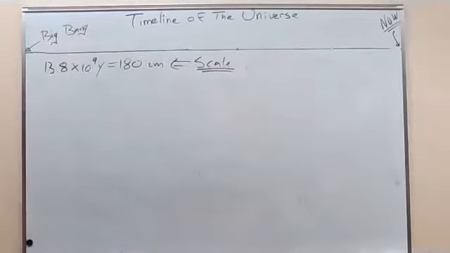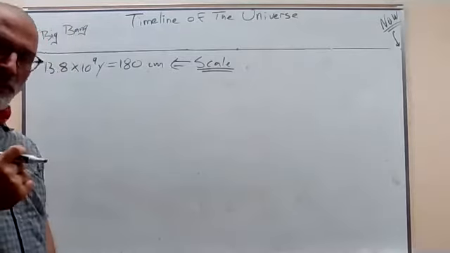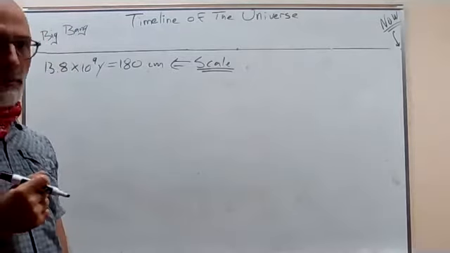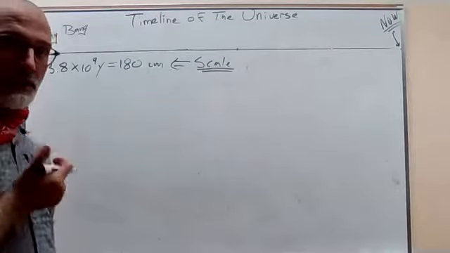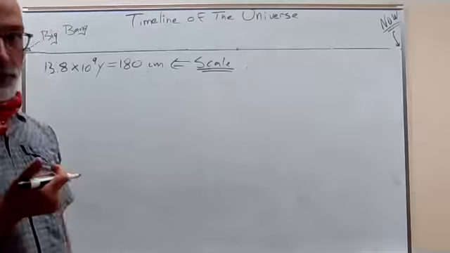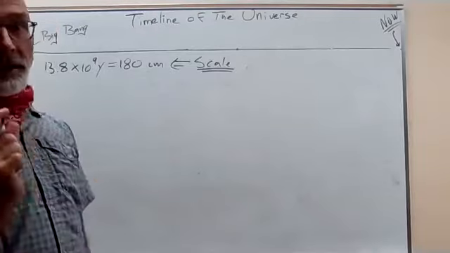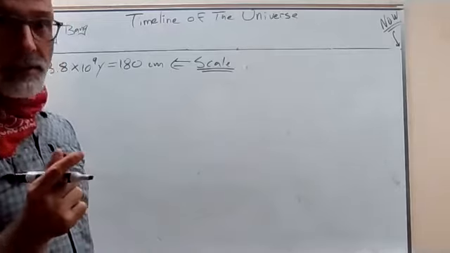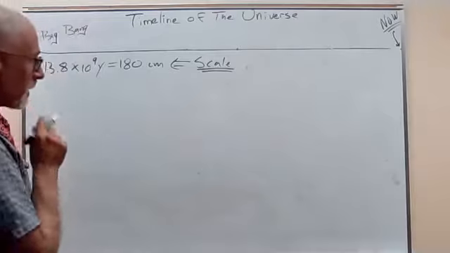I'm going to use this scale to do my conversions for putting those different milestones on my timeline. So what you'll need to know for your timeline is the age of the universe, 13.8 times 10 to the 9th years, and how long your timeline is in centimeters. Use the metric system too.